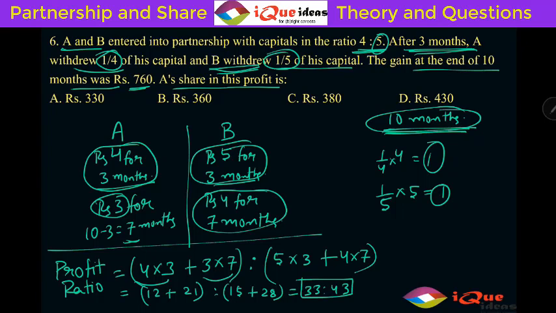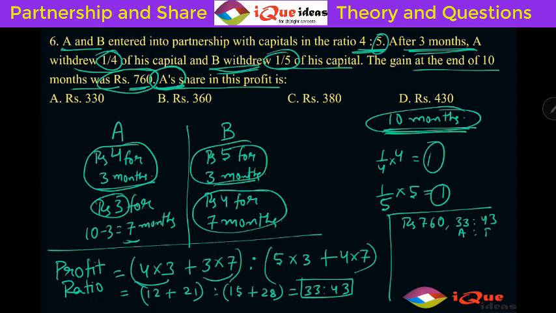Now what is the question asking? The question is asking, the total profit was 760 rupees, right? Find the share of A, find A's share very clearly. So we have total profit is rupees 760. The ratio of A is to B profit is 33 is to 43, right?